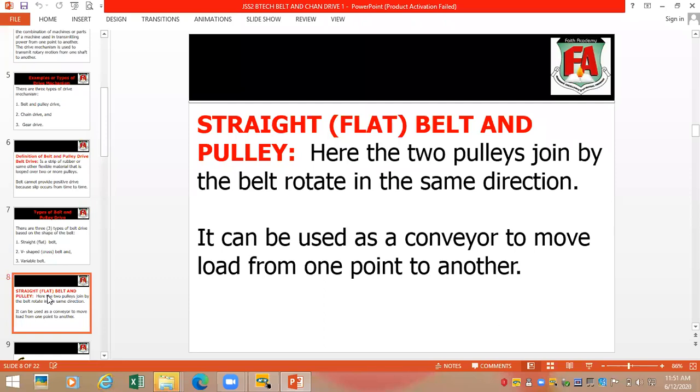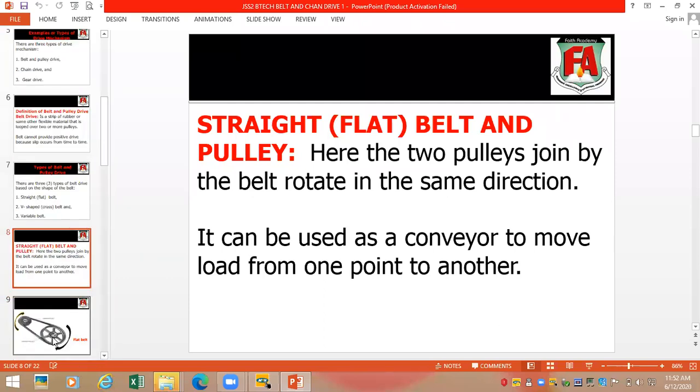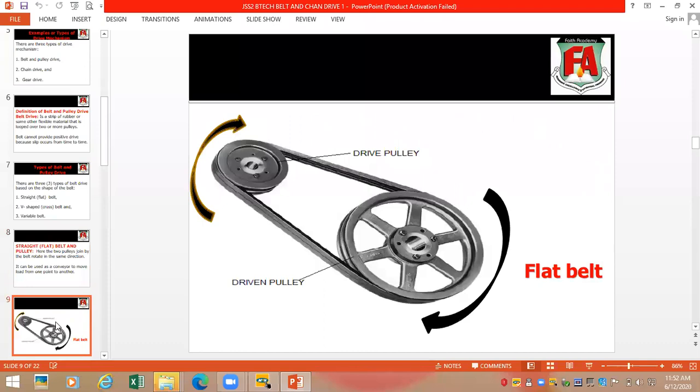Okay, let's see the picture. The picture will give us a better explanation on the straight belt. Okay, this is a picture of a flat belt and pulley. Like I said, I use a tomatoes grinding machine to explain a belt and pulley before now. Why am I using tomatoes grinding machine?